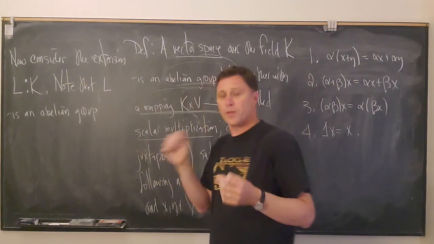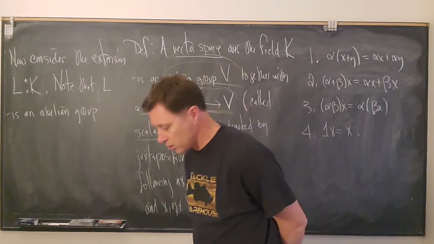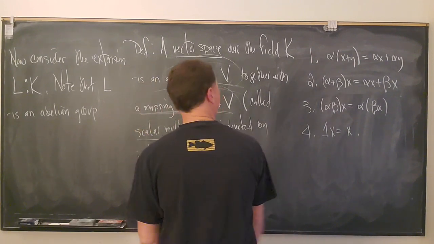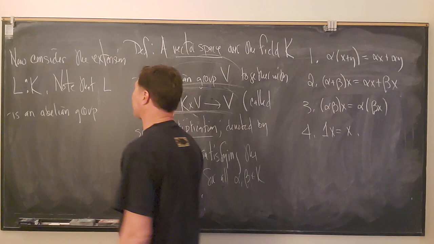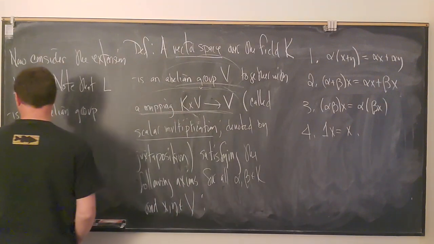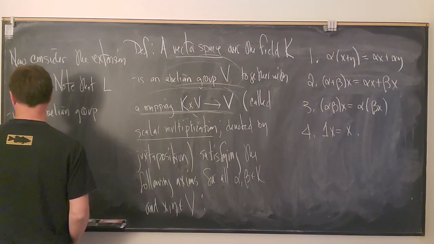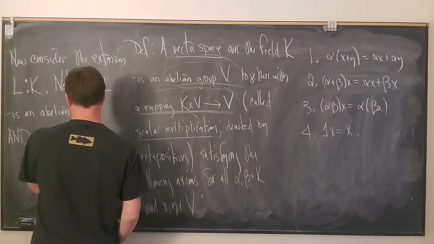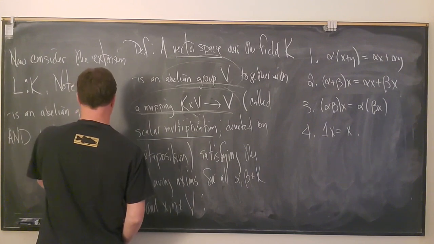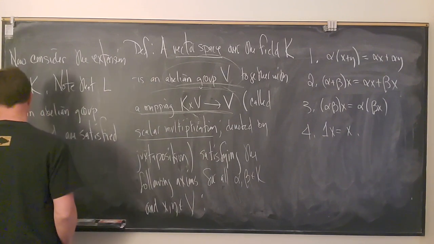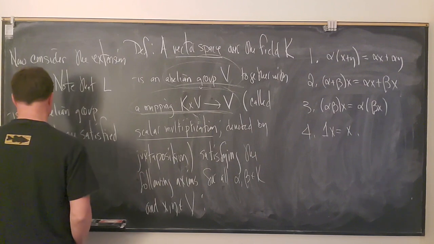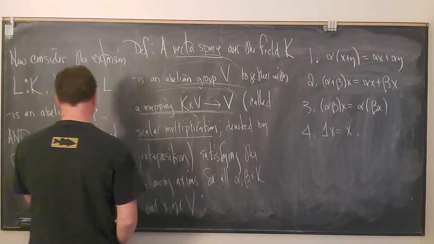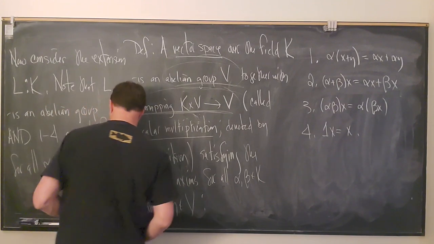It's a field, so it's an abelian group with respect to addition. And you can quickly go through and show that these 4 axioms are satisfied. So L is an abelian group, and axioms 1 through 4 are satisfied for all alpha, beta in K and x and y in L.